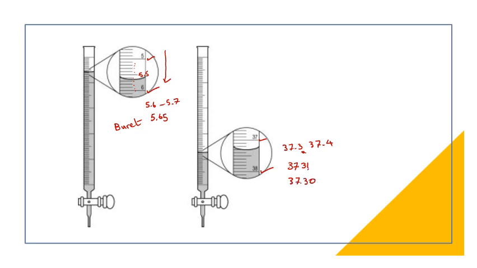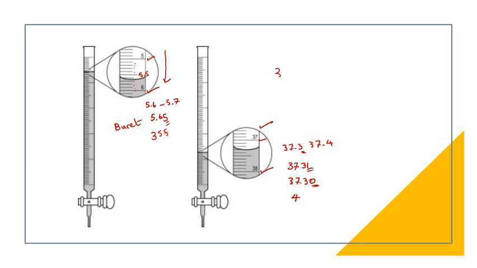That depends. So that last digit is estimated, so that may change, but still both are acceptable. In this case of burette, I have to have 4 sig fig. Here on this side, since it is 1 digit, I have 3 sig fig. Correct? That's how we are actually taking care of the precision.